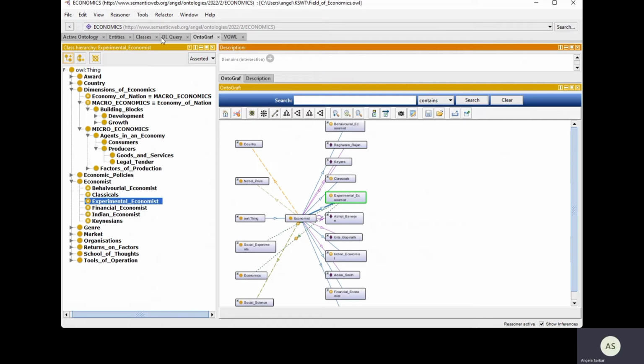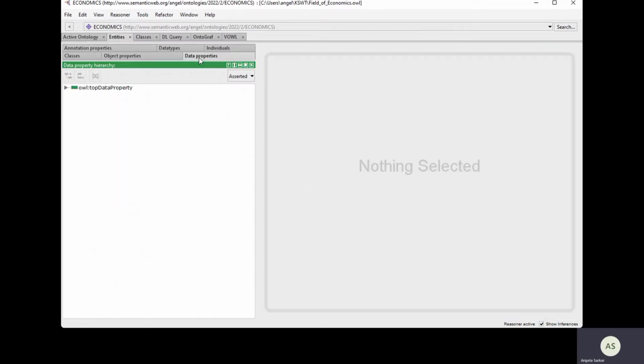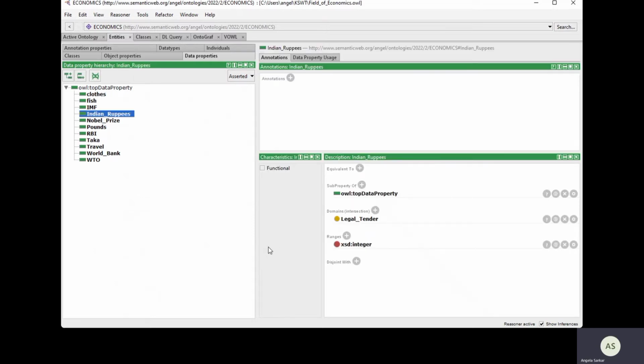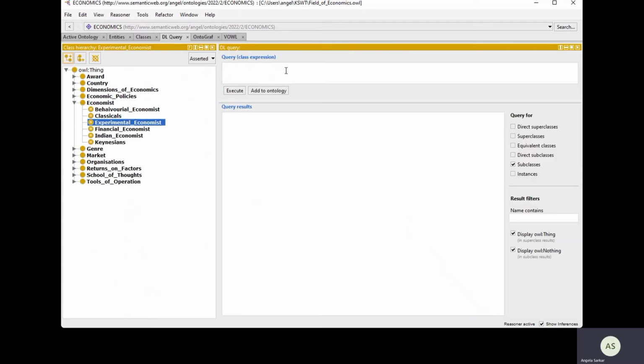Apart from this, another interesting feature: the data type properties here are the following ones, which act as literals. For example, they are the legal tenders, RBI, Taka, World Bank, and all of that. Another interesting feature in our Protégé software is the direct way to find instances for your query.